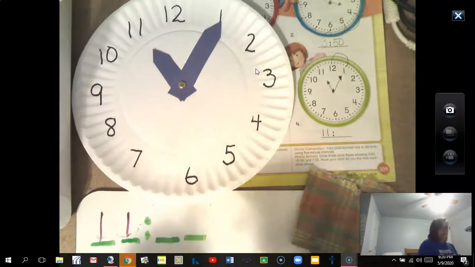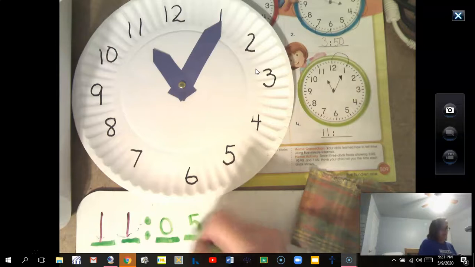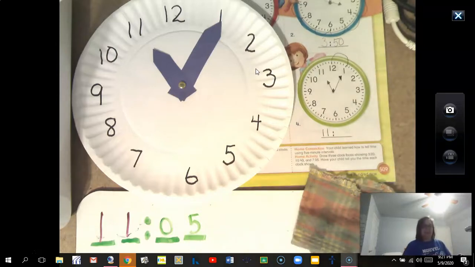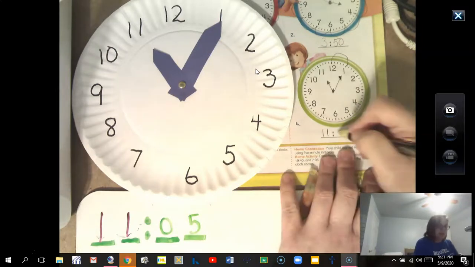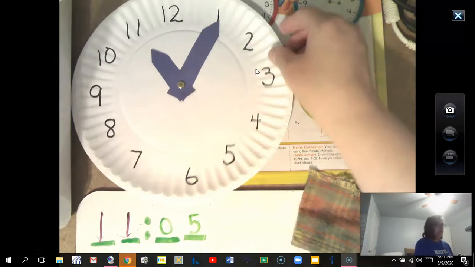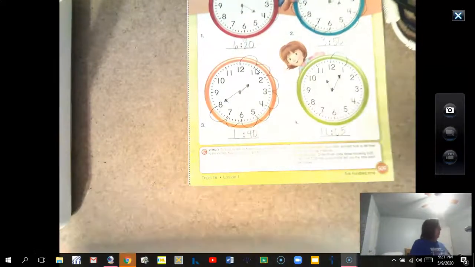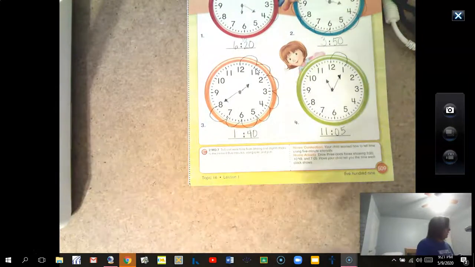So, in order to write 5 for the minutes, we have to have a 0 and a 5. So it would be 11:05. Okay? All right, so you may need this as we go. I'm going to set this stuff aside, and let's go on the inside.